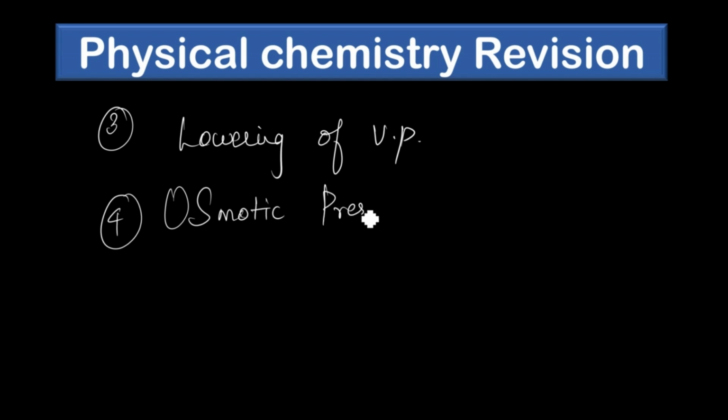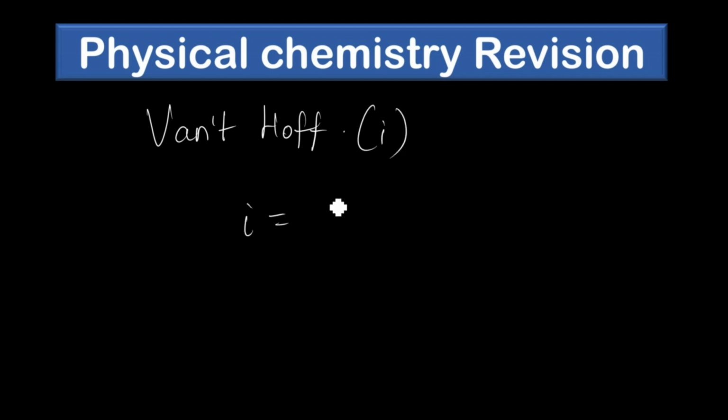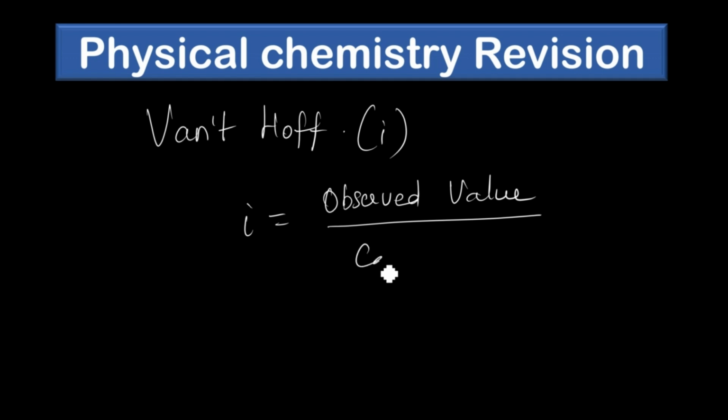So there is a factor which influences this colligative property. That is our Van't Hoff factor. What is that? Van't Hoff factor is denoted by i. i is equal to observed colligative property versus calculated, calculated meaning theoretical.